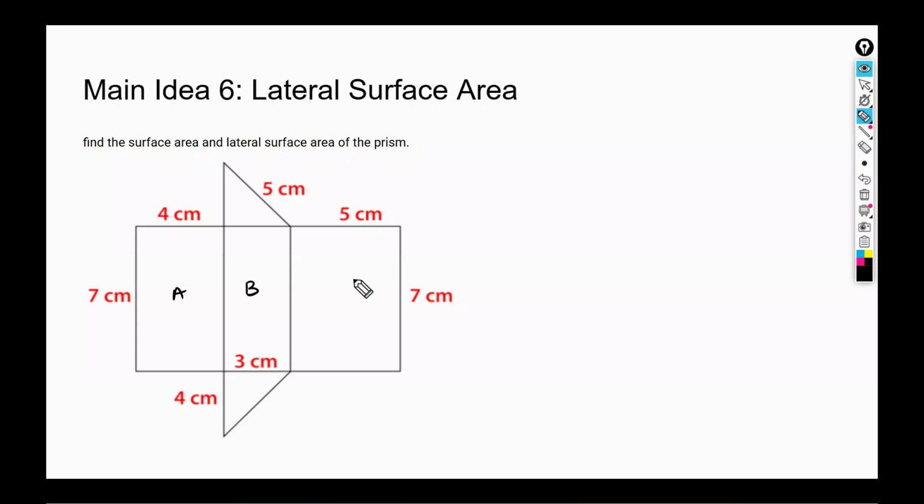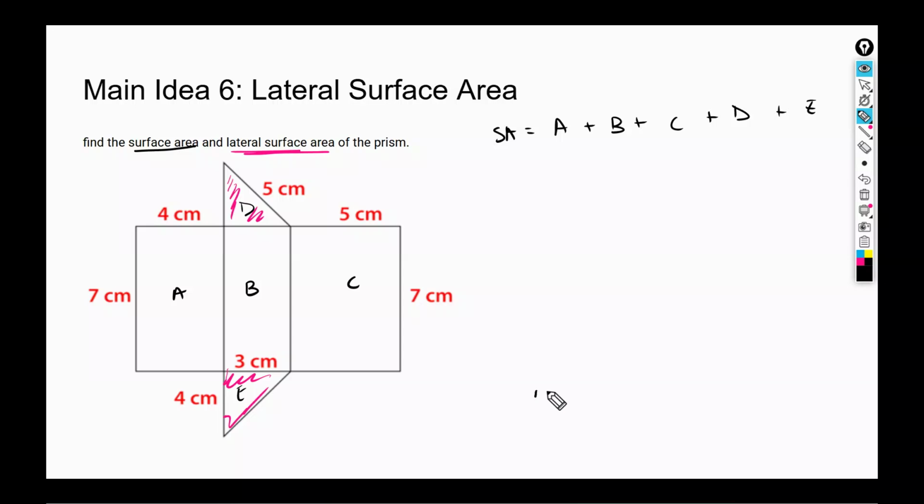A shape, B, C, D, and E. Surface area, or SA, is the sum of all of the areas. So we're going to find A plus B plus C plus D and plus E. And lateral area is everything except the bases. So everything except the two triangles.